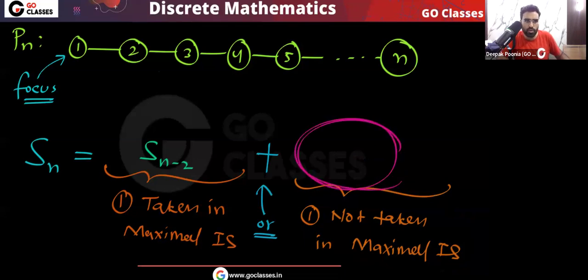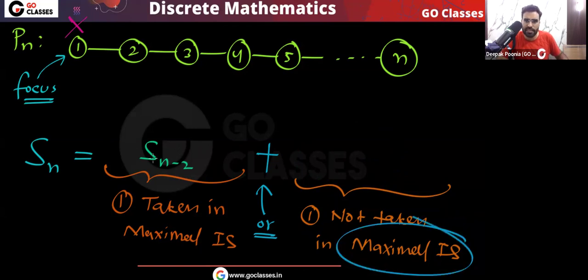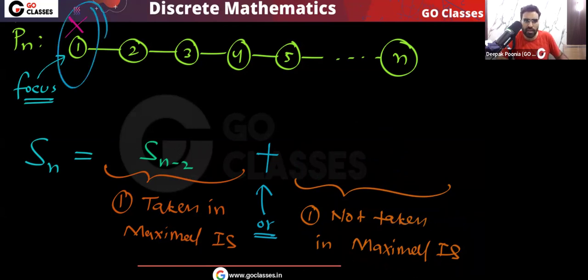Now let's see what I should write here. When 1 is not taken in the maximal independent set, this one I have not taken. Tell me, if I don't take this one, is it necessary that I must take 2 in the maximal independent set? Yes, it is necessary, because you are not taking 1.